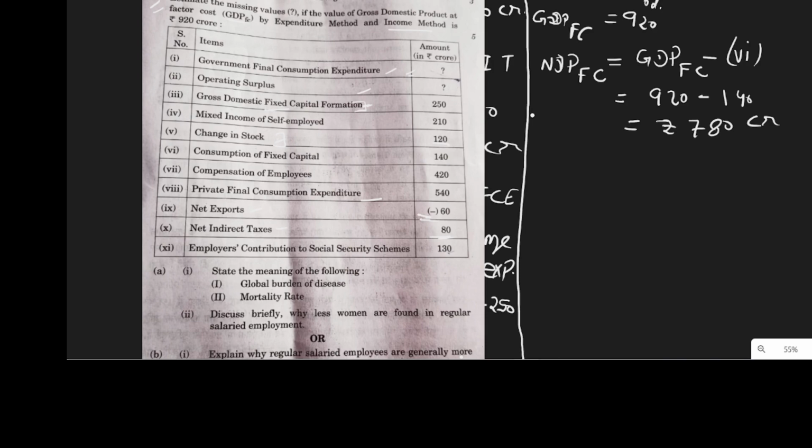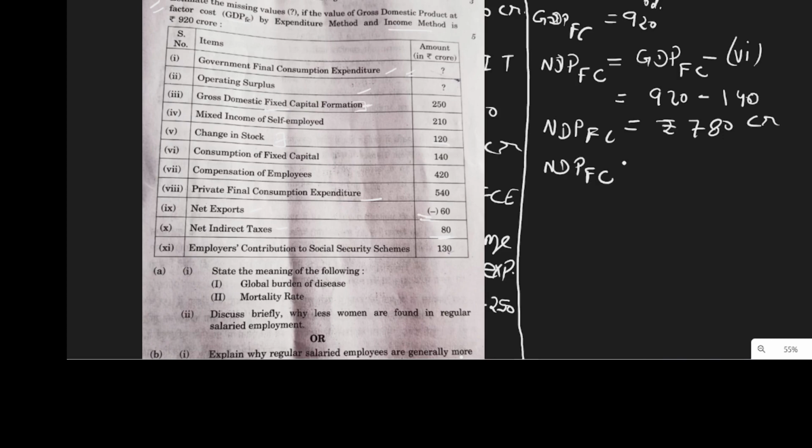So the main thing to understand here is that we find the correct aggregate to use in the formula. It shall not happen that we don't remember which aggregate is to be used and we use the wrong aggregate. If we do that, even if we understand the sum very well, we will not be able to solve it in the right manner. So I have to use the formula of income method.